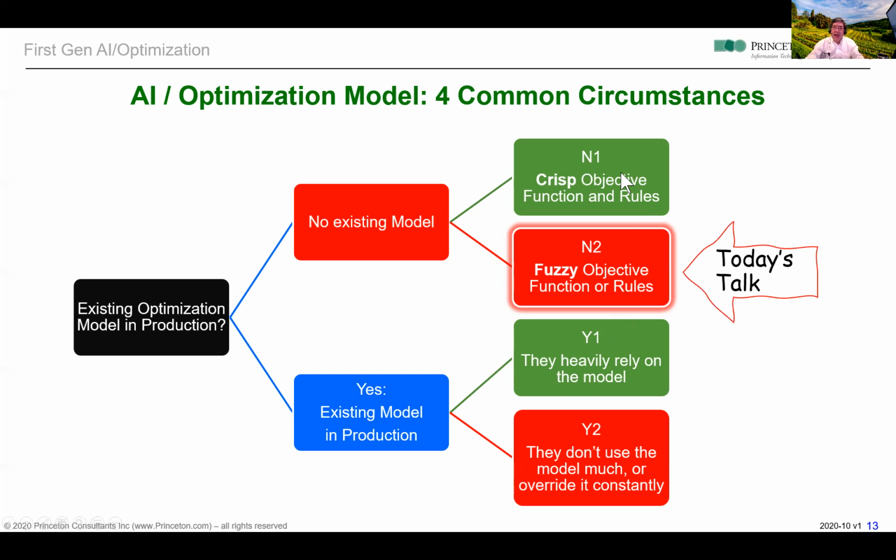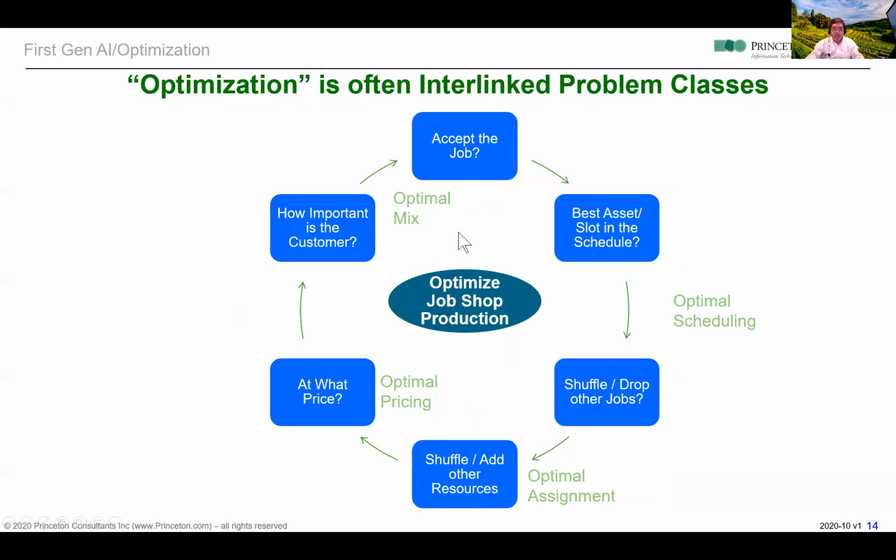I don't think you find many N1 cases because for a large organization and important decisions, if you could have built a model easily and quickly, it probably would be there right now. So the reason they're doing it currently without a model is probably because there are some challenges. It's a difficult problem.